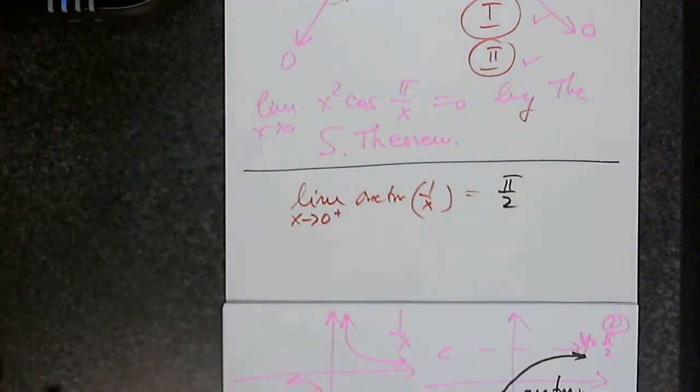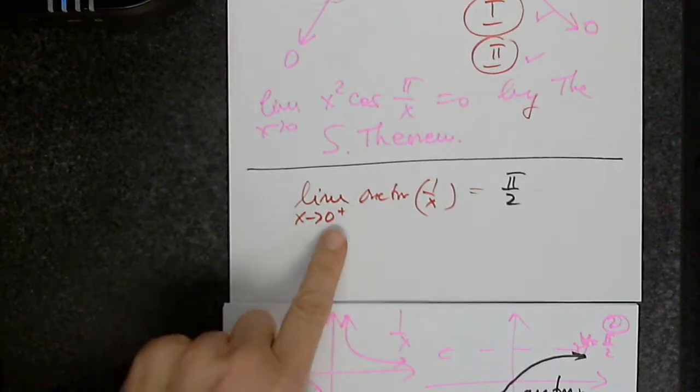As 1 over x goes to positive infinity, right? Yeah, positive infinity. Wait, so you plug in 0? I don't understand.